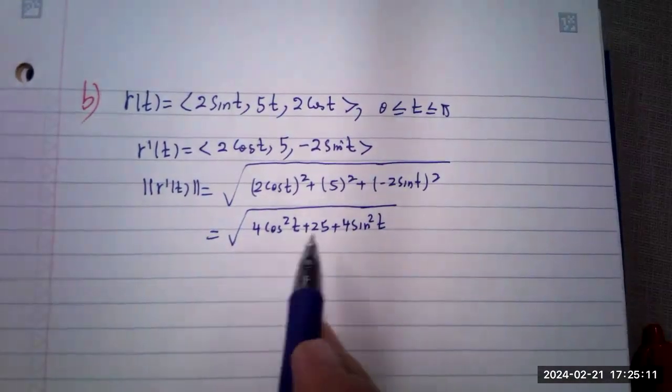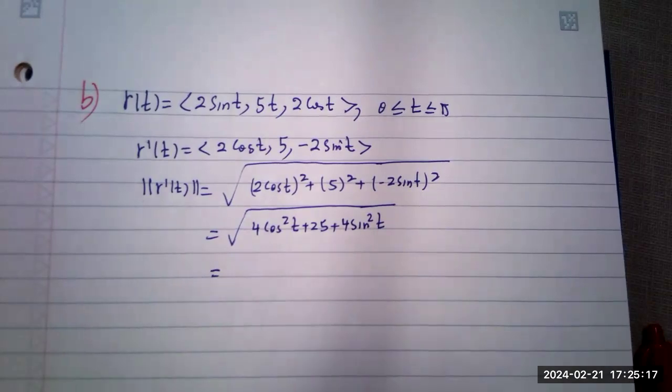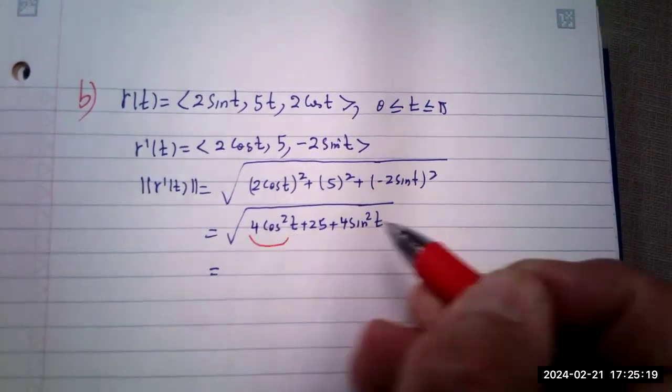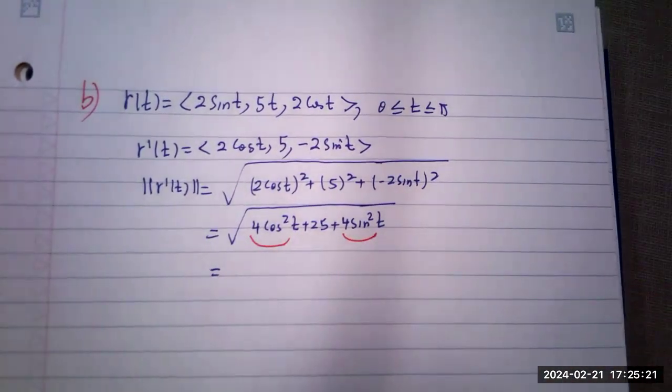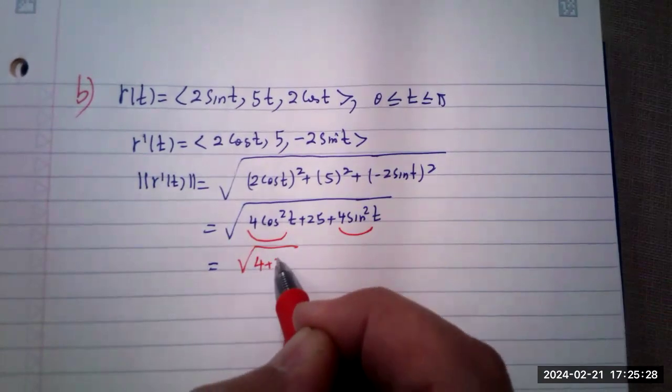As you can see, 4 cosine squared and 4 sine squared together give you 4. Factor out the 4: 4 times sine squared plus cosine squared, which is 1. So that gives radical 4 plus 25.